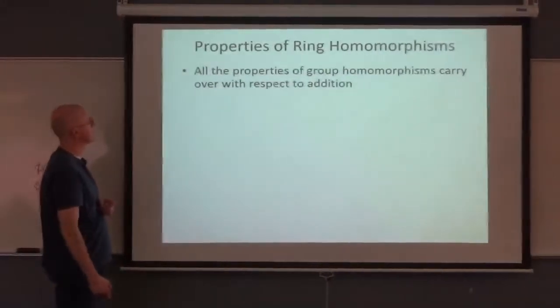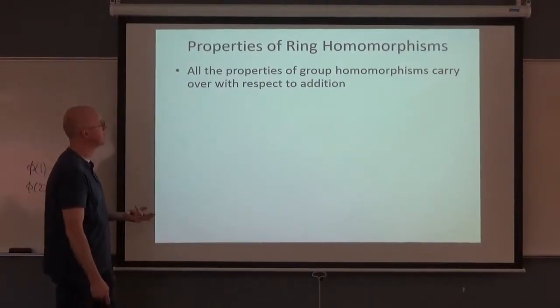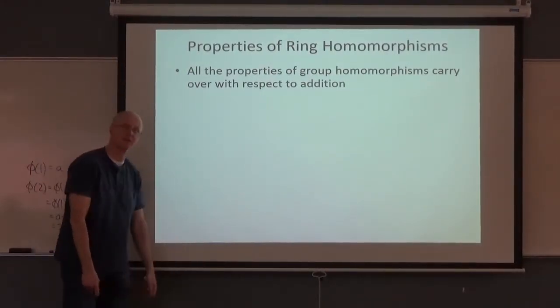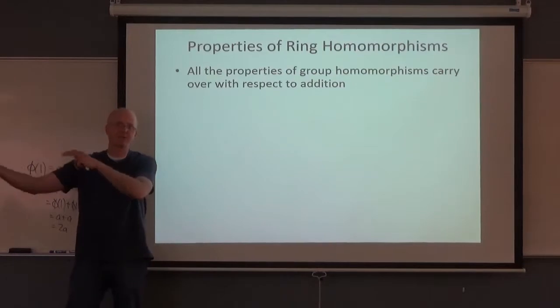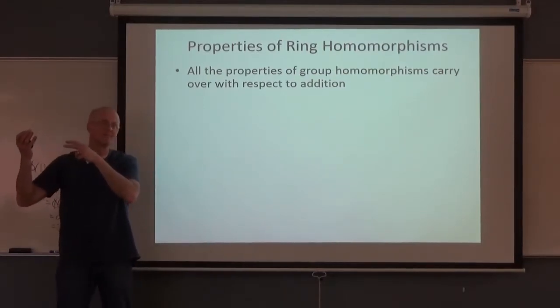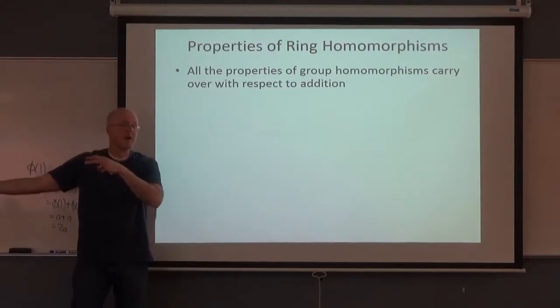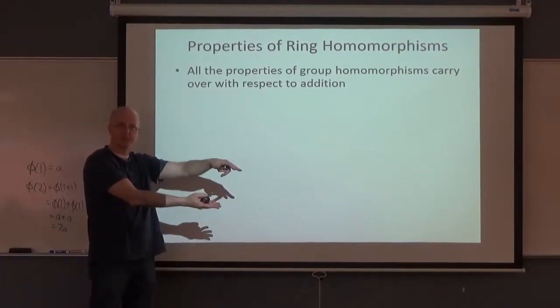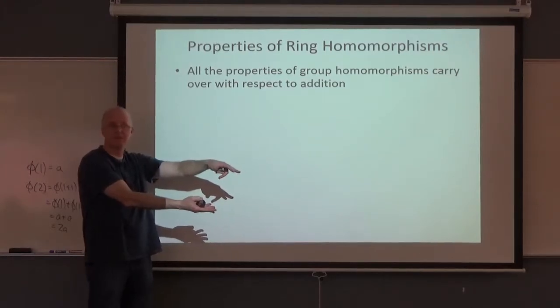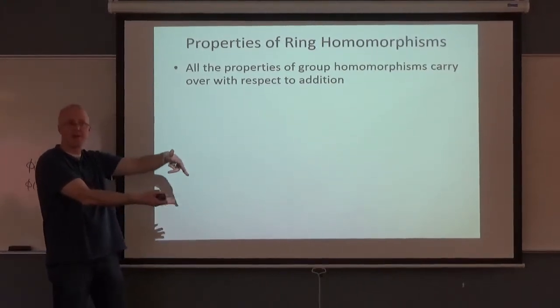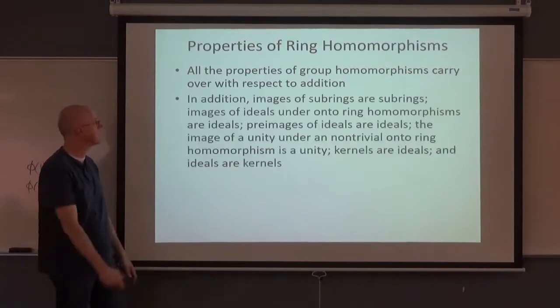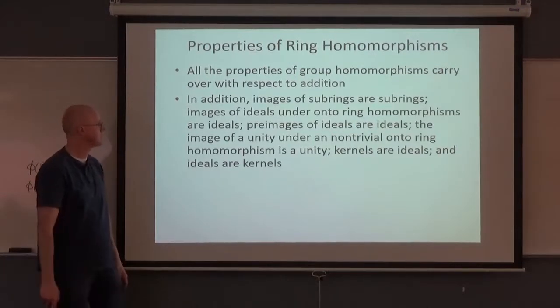Properties of ring homomorphisms. Again, all the properties of group homomorphisms carry over with respect to addition. So all those properties back in chapter 10 on group homomorphisms and in chapter 6 on group isomorphisms are going to carry over for ring homomorphisms and isomorphisms under addition. But again, you also have being operation preserving under multiplication, so there could be other things.